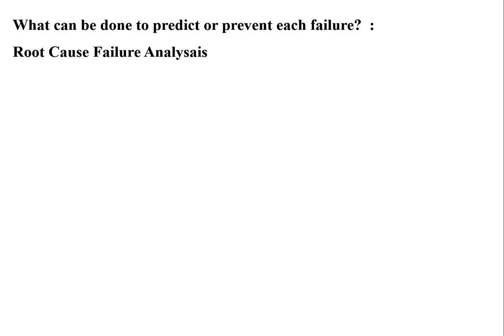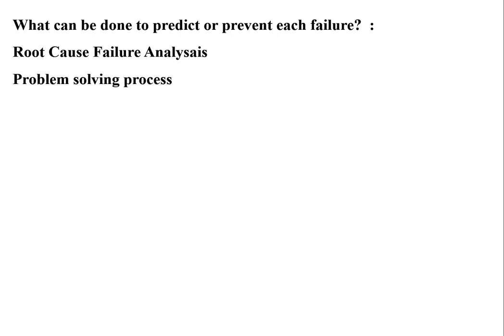So far we discussed different alternatives, including the very early strategy, run to fail, and proceed to the time-based maintenance, predictive maintenance, and proactive maintenance. And under proactive maintenance, the main effort is to know why this failure occurred, by running root cause failure analysis.